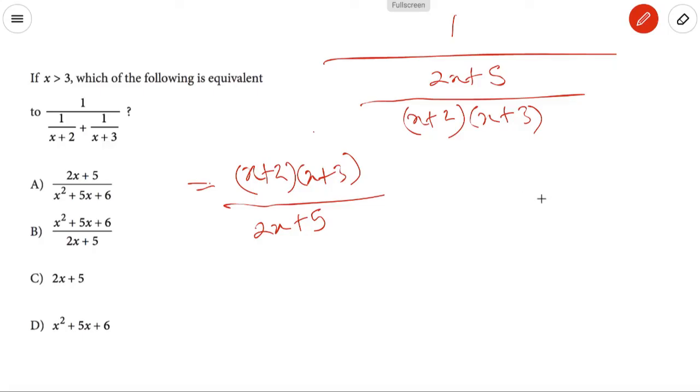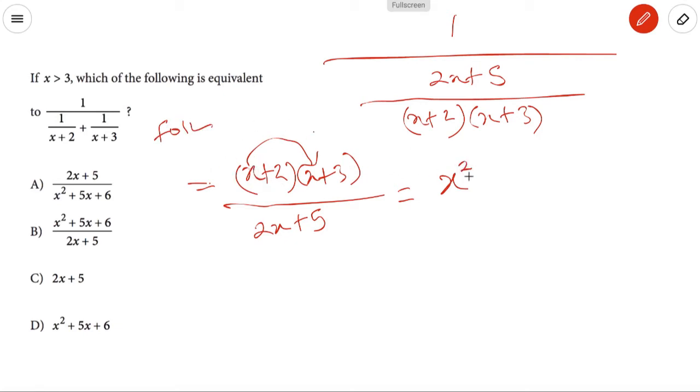Now we take a look at the options, but we don't see that in the options. Well, what's missing? We can then think and say to ourselves that if we multiply out the top, we would actually get x times x, which is using the FOIL method. X times x is x squared.